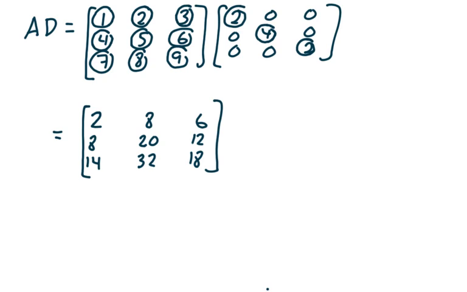I took every entry in the first column of A, multiplied it by 2 to get the entries in the first column of AD. I took every entry in the second column of A and multiplied it by 4 to get the entries in the second column of A times D. And then I took every entry in the third column of A and multiplied it by 2 to get every entry in the third column of A times D.